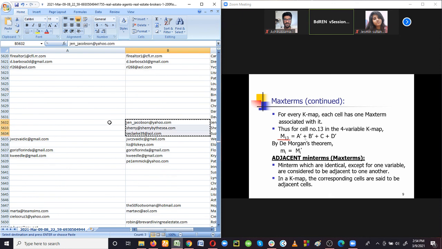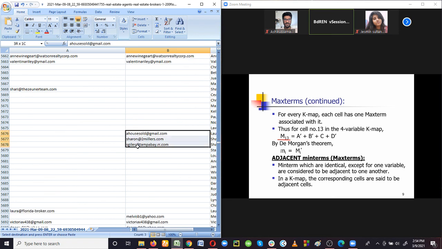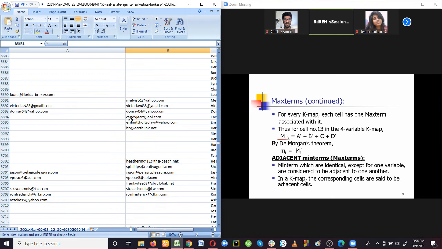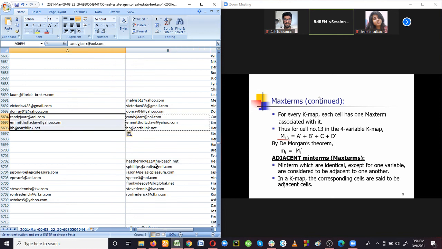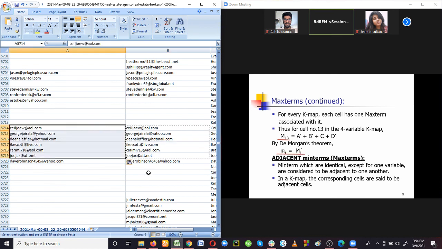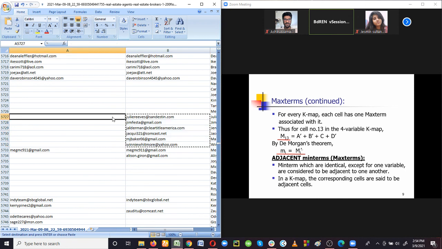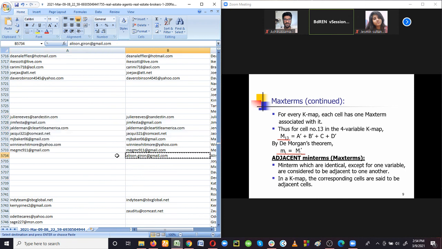So by De Morgan's law, we can say that the min term of any value will be equal to the inverse of the max term.